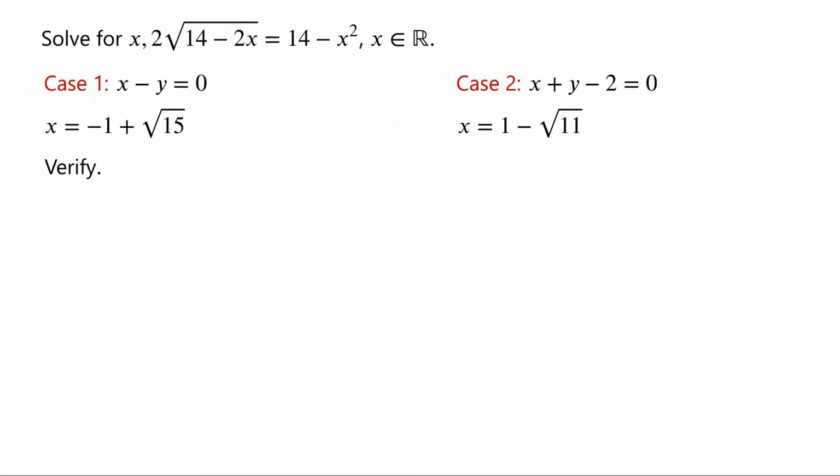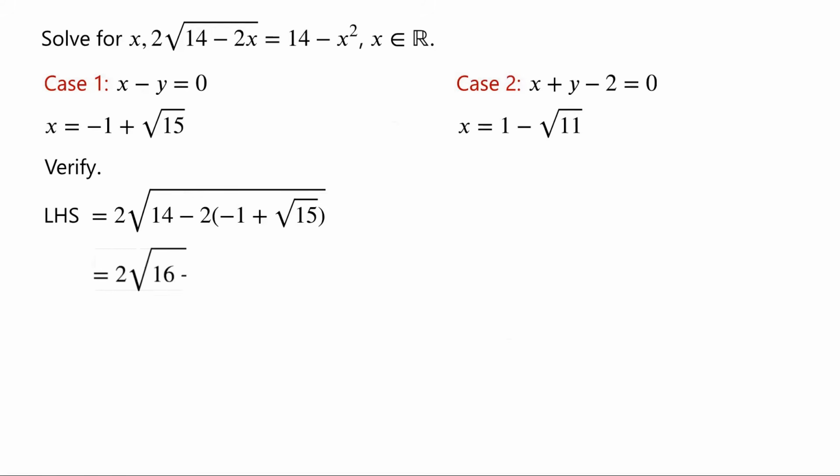When x equals negative 1 plus root 15, the left-hand side of the equation is equal to 2 times root of 14 minus 2 times negative 1 plus root 15. The radicand can be simplified to 16 minus 2 root 15, which is equal to root 15 minus 1 all squared. So, the left-hand side of the equation is equal to 2 times root 15 minus 1.